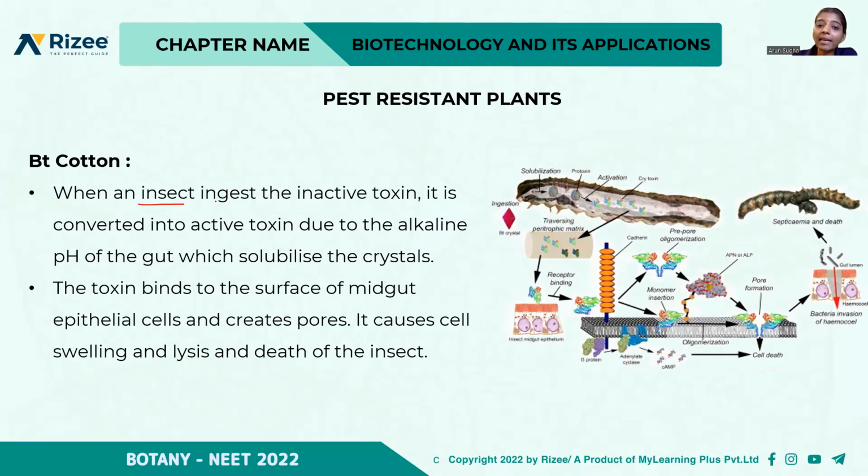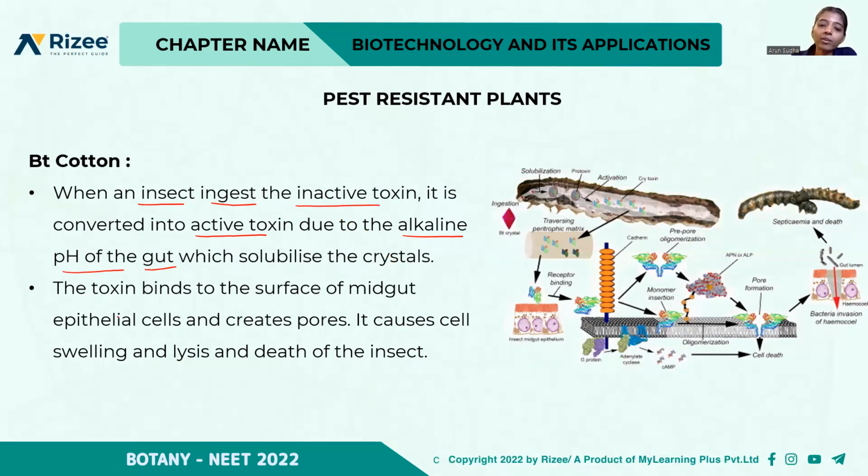When an insect ingests the inactive toxin, it is converted to active toxin, because the alkaline pH of the gut solubilizes the crystals. So actually it will be present only in the inactive form, and it is converted to the active form by the alkaline pH of the gut. So at that time it will be converted to an active toxin.